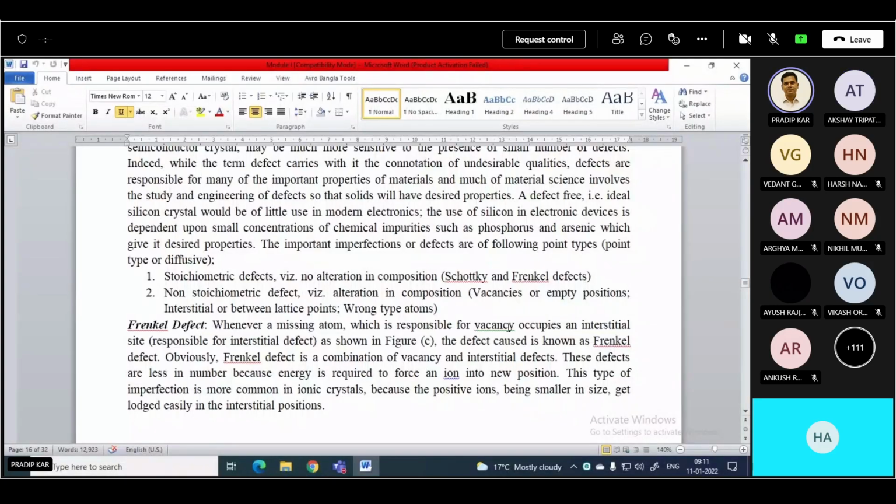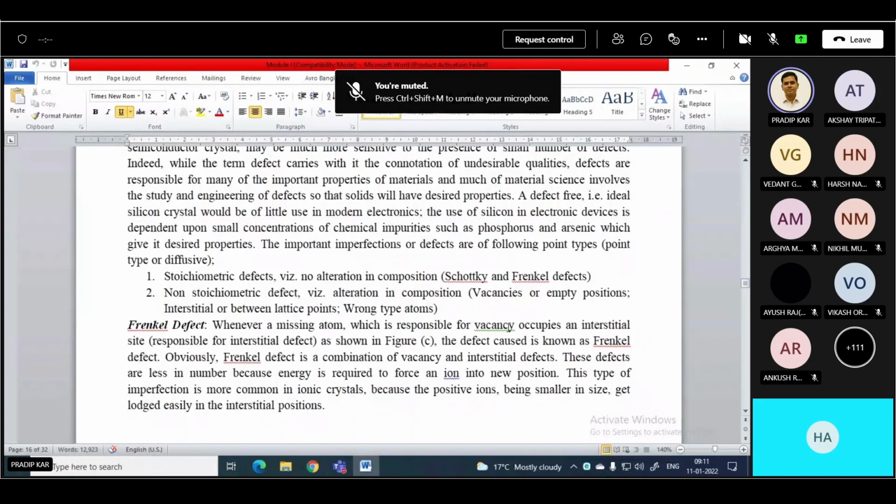But in stoichiometric defects, the composition is not changing. The composition is the same as the perfect crystal, but it has the defects. In the case of non-stoichiometric, either anion or cation is in excess, or there is some deficiency.